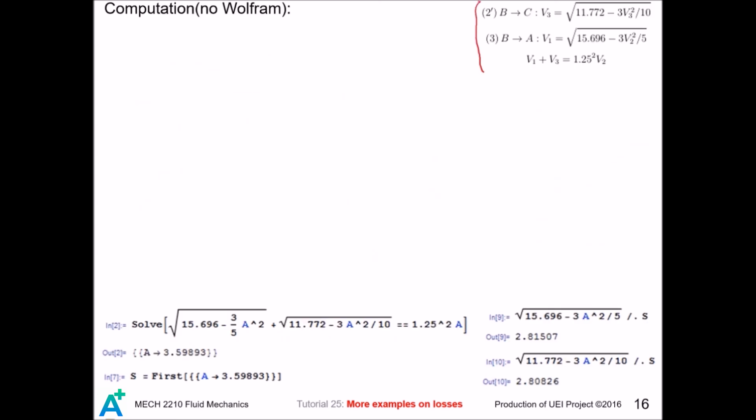Now we solve these three equations obtained from the previous slide. Indeed, that does not require Wolfram alpha. We can solve by hand. First, we substitute this into this and this into this. In short, let's write 3.2 as 3, and we bring one of the square root to the right hand side.